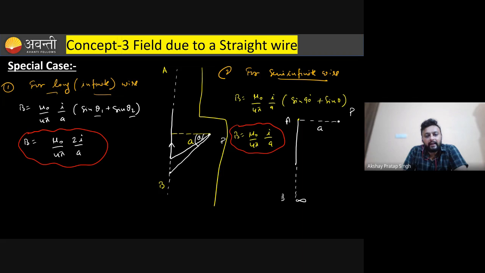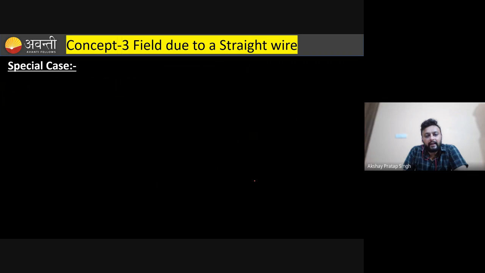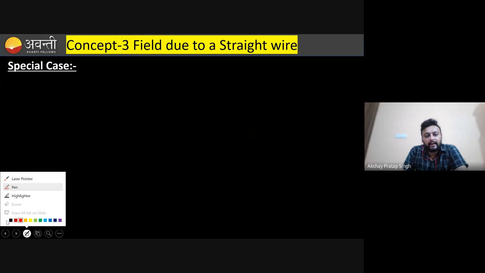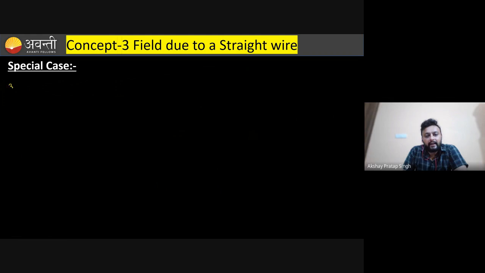After getting these two special cases, I have one or two more special cases for you. You need to understand those things as well for smooth understanding. Now, the third special case, always remember these things: for collinear points.